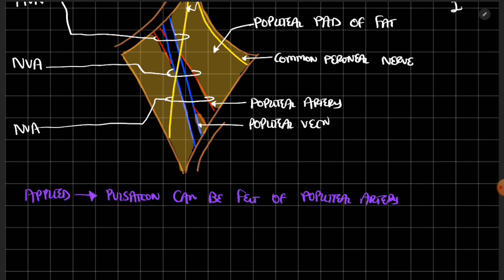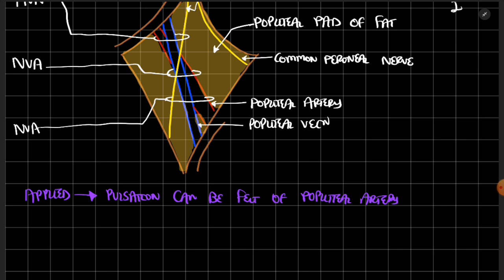It continues from the femoral artery in the thigh, then becomes the popliteal artery in the popliteal fossa, and then it divides into the anterior tibial artery and the posterior tibial artery. The anterior and posterior tibial arteries are very important in supplying the leg region.